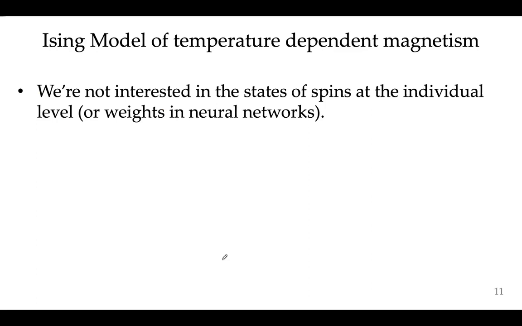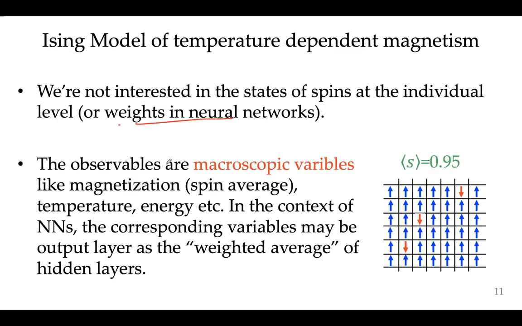Okay, we are not interested in the states of the spins at the individual level. We are not really interested in the position of each spin, just like we are not interested in the particular weights in neural networks, right? So the observables are macroscopic variables, not the spins themselves, but the aggregate situation, just like magnetization or the spin average that we calculated before.